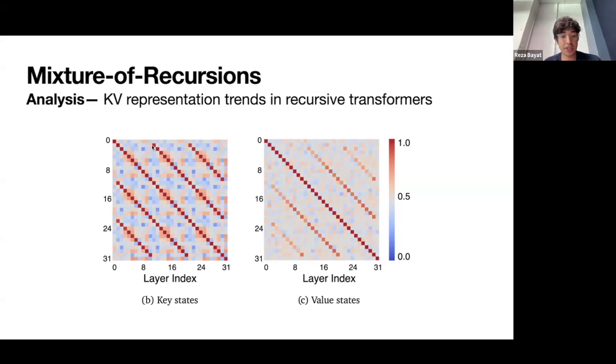As you can see, between every KV cache vector there is a high cosine similarity from one recursion to another. So it makes sense to use earlier KV caches for future computation.